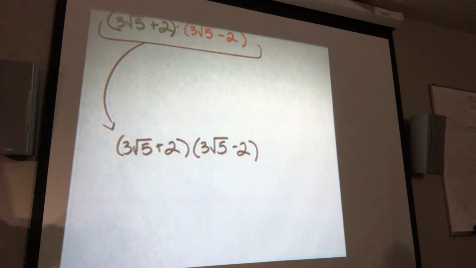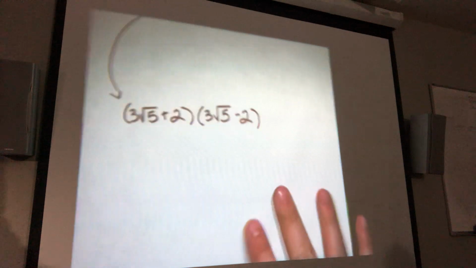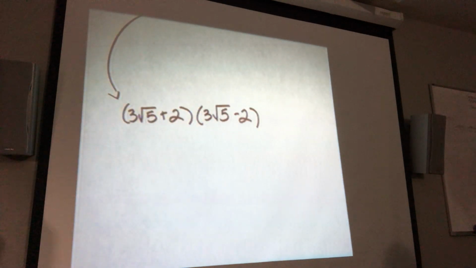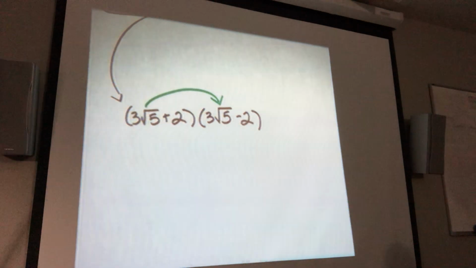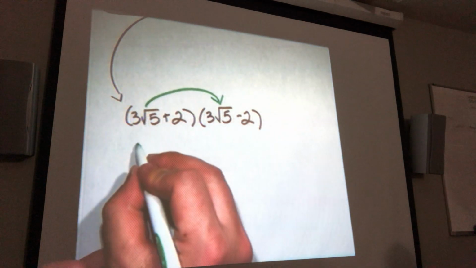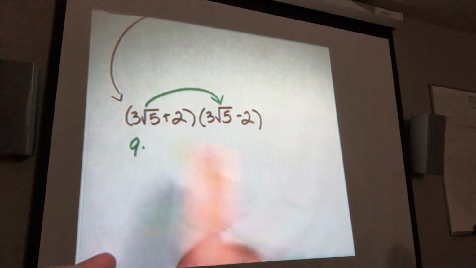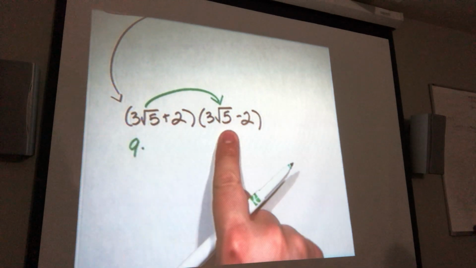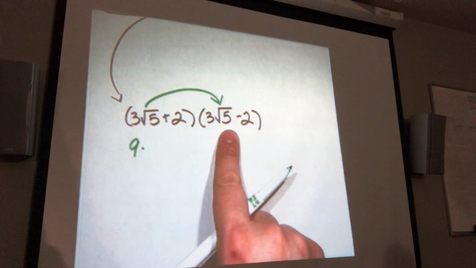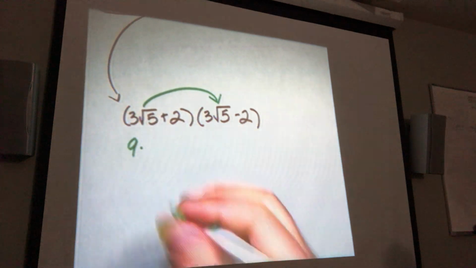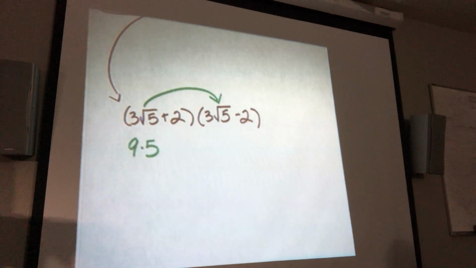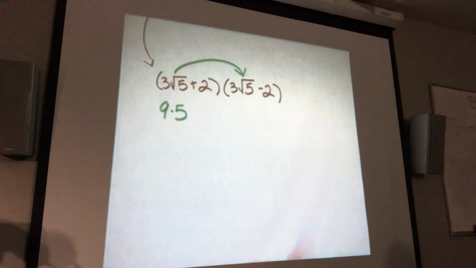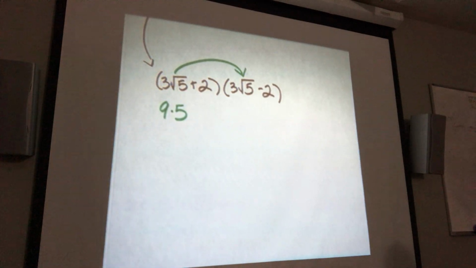All right. So let's go ahead and do the distributive property. Doesn't seem too bad. 3 root 5 times 3 root 5. Well, I've got 3 times 3, which is 9. And the square root of 5 times the square root of 5 is square root of 25, or 5. So I got 9 times 5. You could write 45 if you wanted to. We're going to do that in a minute. Okay, let's keep going.